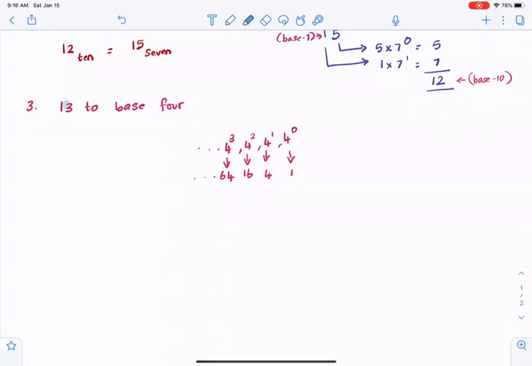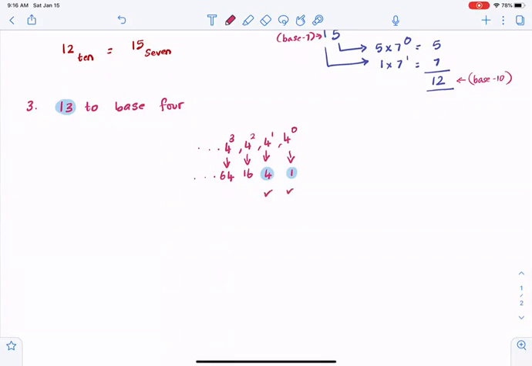The base 10 number that we have is 13. So 1 is less than 13, 4 is less than 13, but I can't go past the first position. So the base 4 number can only have 2 digits.